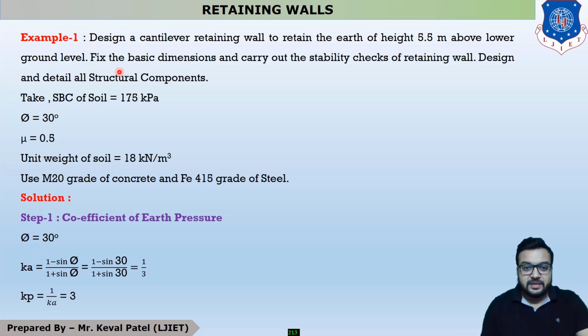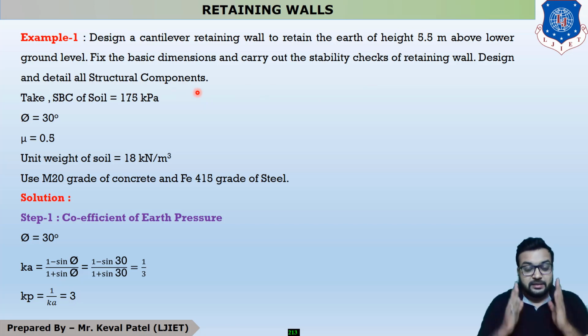Fix the basic dimensions. Basic dimensions means it's our step number 2, which is find out preliminary dimensions and carry out the stability checks of retaining wall. Our stability check is our step number 3. Next is design and detail all the structural components.